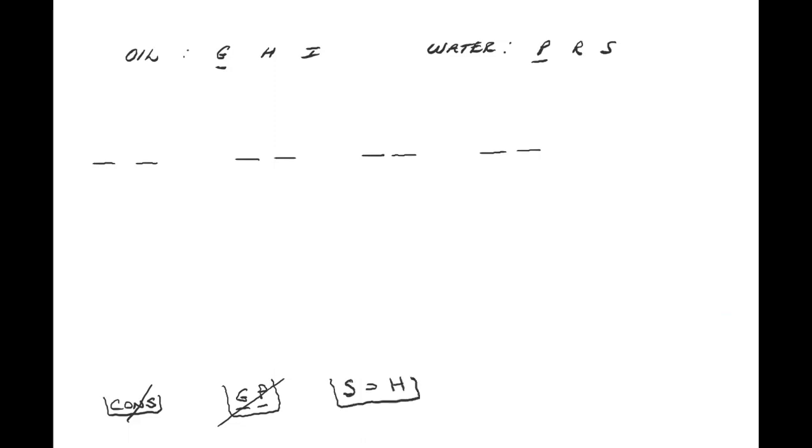Again, it's reading textually. You just want to be careful with that. That's not saying that the S has to be shown with the H. They're saying that the H has to be shown with the S. So anytime you see the S, you have to see the H. You can see the H without seeing the S. But if there is no H, there can be no S. So again, just want to be careful with that.